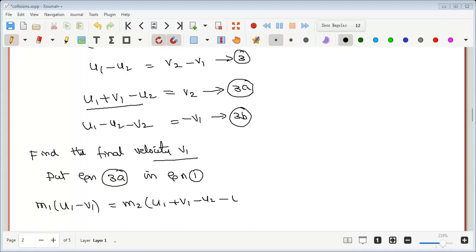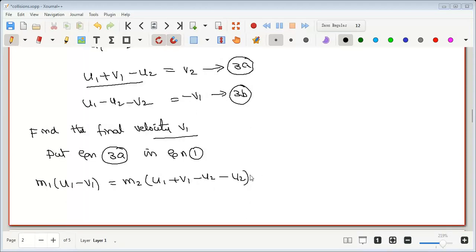Another thing is minus u2, already there in equation 1.